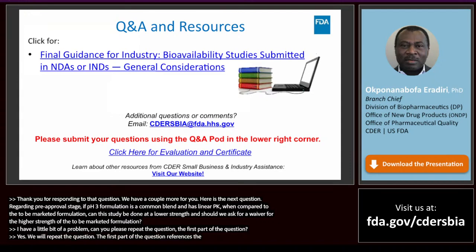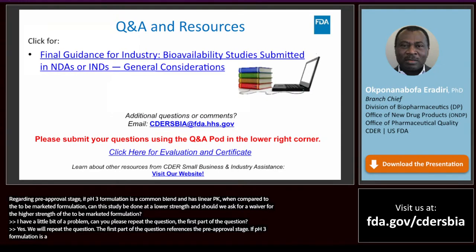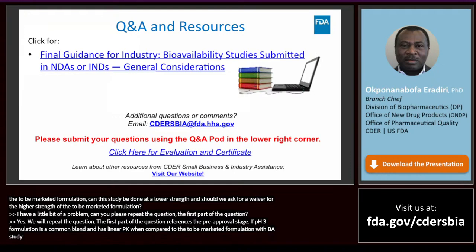If pH 3 formulation is a common blend and has linear PK when compared to the to-be-marketed formulation with BA study, can a BA study be done at a lower strength and ask for a waiver for the higher strength of the to-be-marketed formulation?